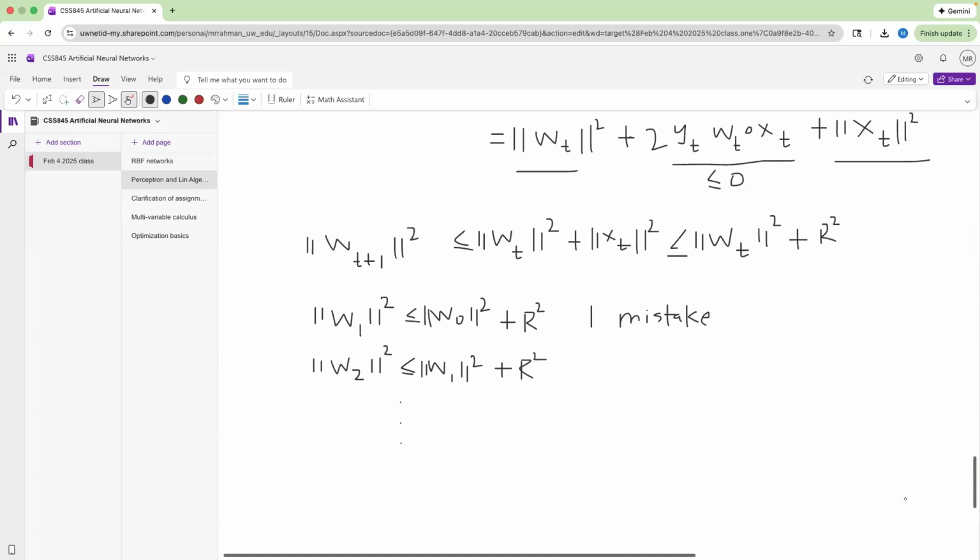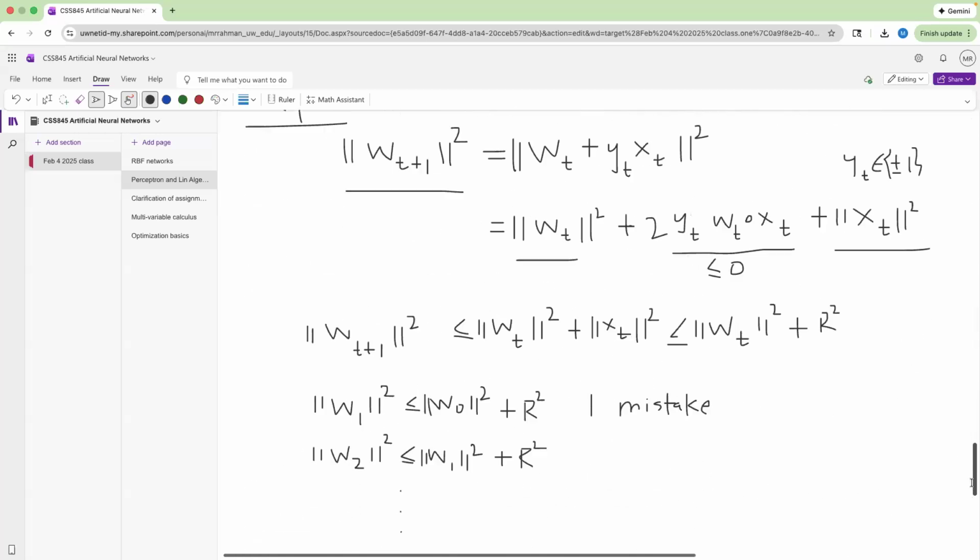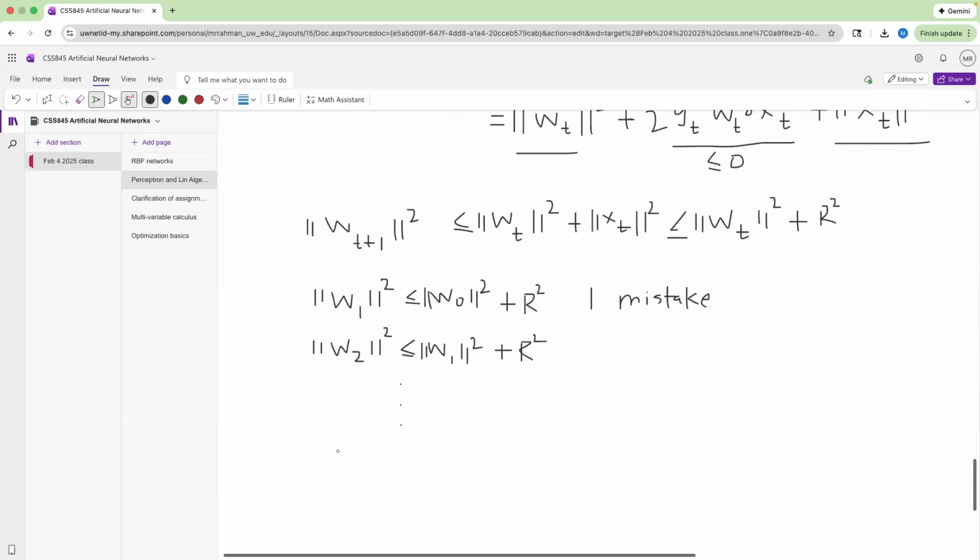And just like before, we are going to say that if we make a maximum of m mistakes, that means this goes up to Wm. With the mth mistake, we reach the vector Wm. And this is less than or equal to, again, ||W_{m-1}||² plus R².